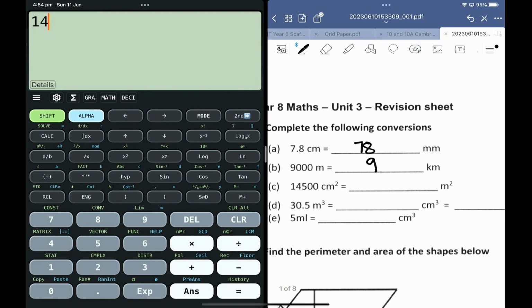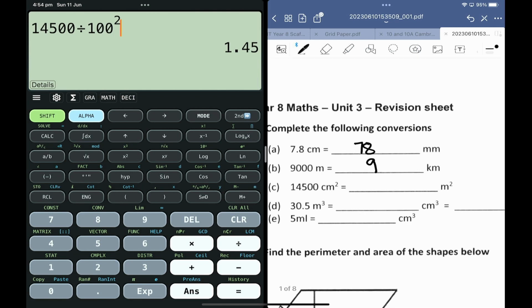So we go 14,500 centimeters squared, and we are going to divide by 100 squared. Very important that we've got that squared in there.